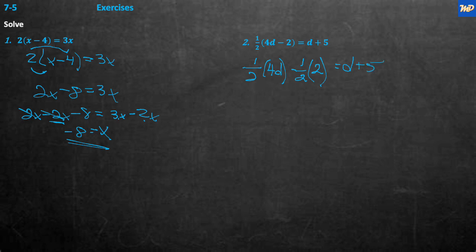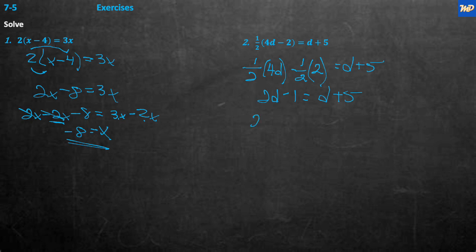So 1/2 times 4d is 2d, and minus a half times 2 is equal to minus 1, and that equals d plus 5. Okay, so now what do we want to do? We have to move the minus 1 and possibly the d. So let's bring the d to the left side.